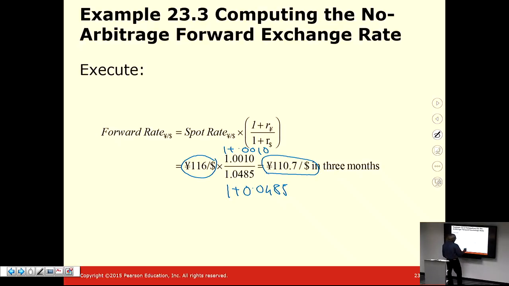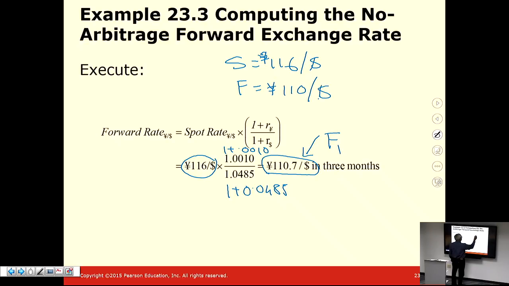So the value of the dollar in terms of yen in the forward market, a 1 year forward quote, is less than the value of the dollar in the spot market. So in the spot market, it was 116. In the forward market, this is yen per dollar, 110.